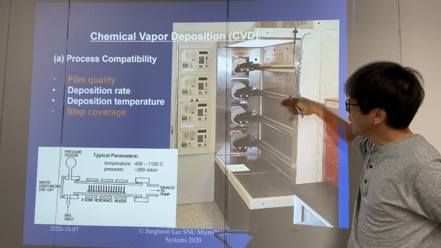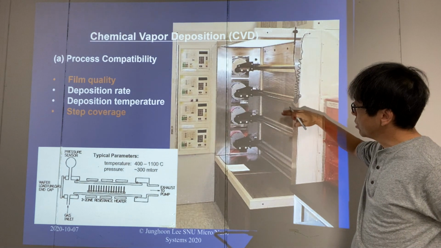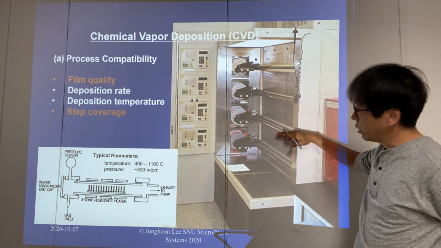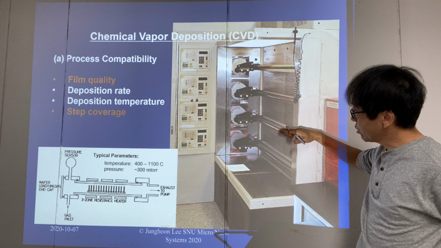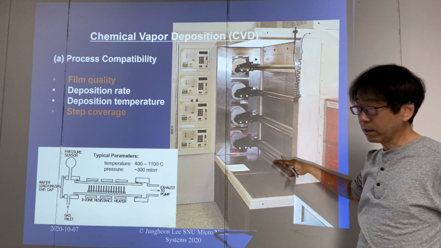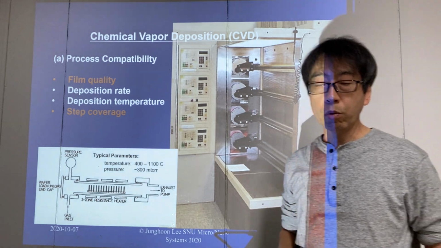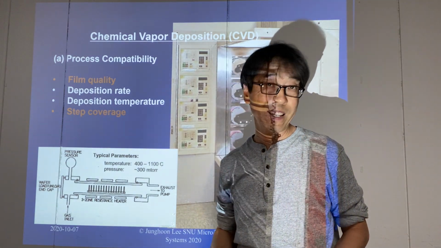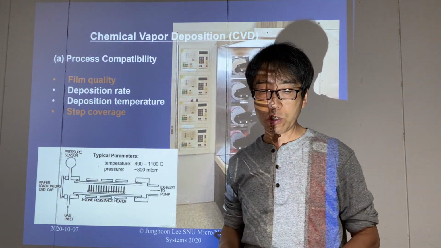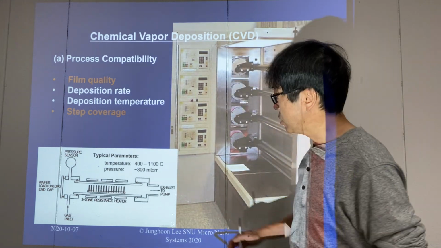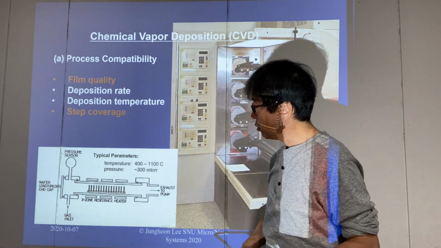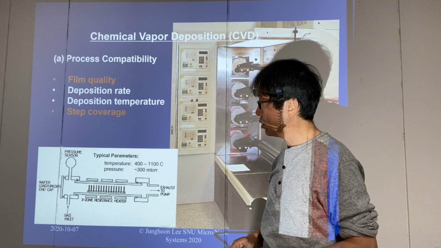This bank could be 600 degrees Celsius, maybe 600, and then 400. So all these 3 banks actually are used for low pressure chemical vapor deposition, not the oxidation. Okay, so this is the cross-section view of typical furnace.